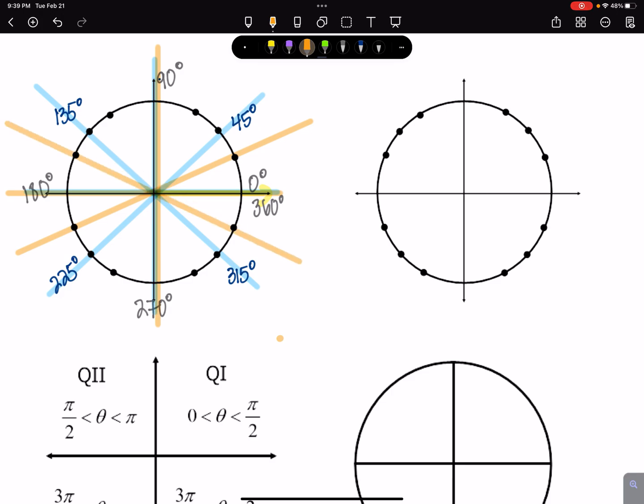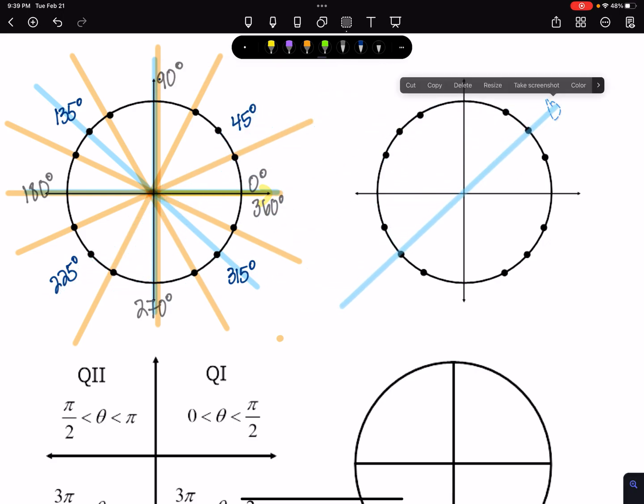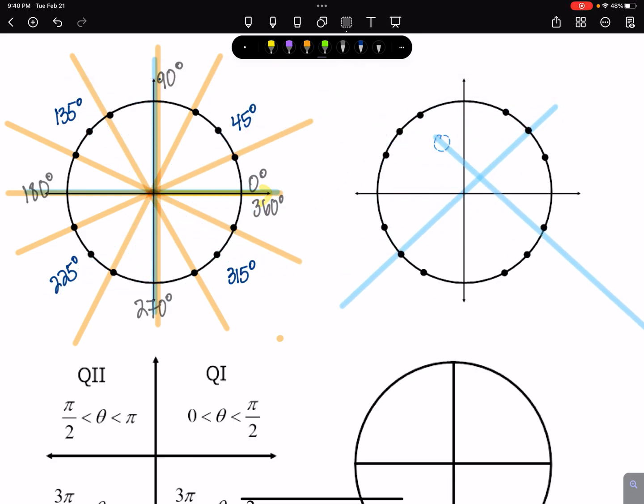So here's my 12 equal parts. And I'm going to remove the blue ones so that you can see a little bit better. I'll put them over here because we're going to need them over there anyway. So there's the blue ones.